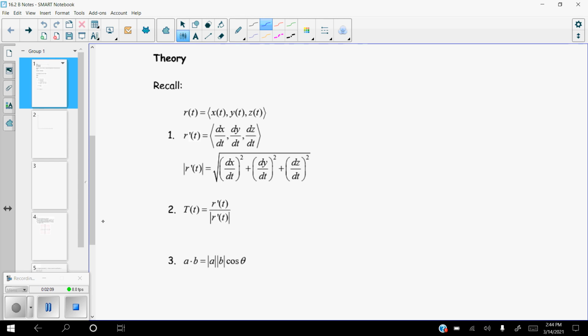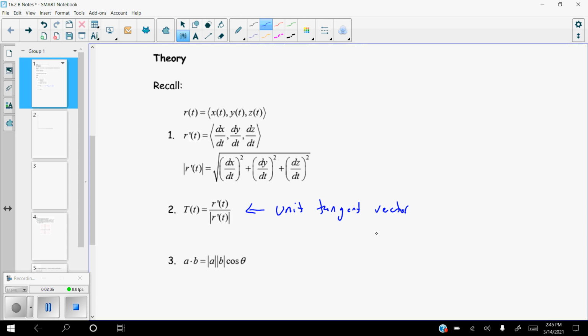And then number 2 here, capital T of t, is your unit tangent vector. I'll actually write that here. That's the unit tangent vector, which just means you take your tangent vector, R prime of t, and divide it by its magnitude, and you're going to get a tangent vector of length 1.